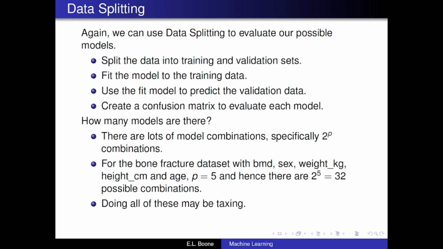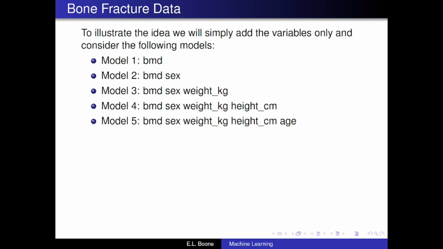So this might be taxing. It goes up really fast, by the way. For people who say, oh, I want to do like 700 genomes or whatever, or SNPs or genotypes or phenotypes, you say, well, you can't do that because that's just way too much.